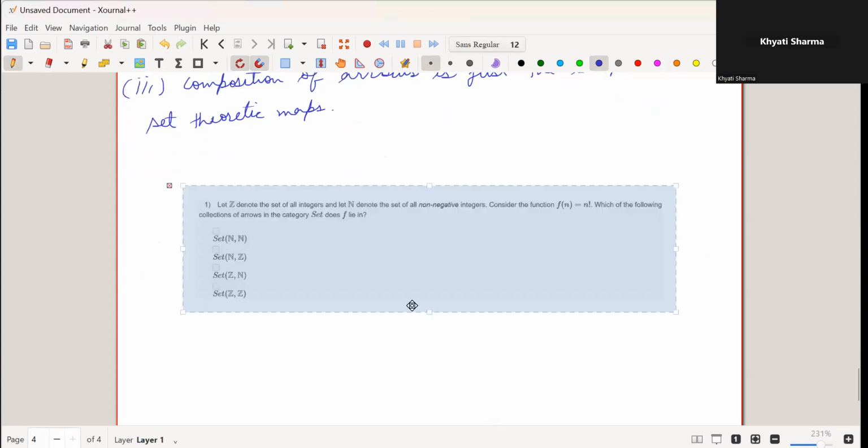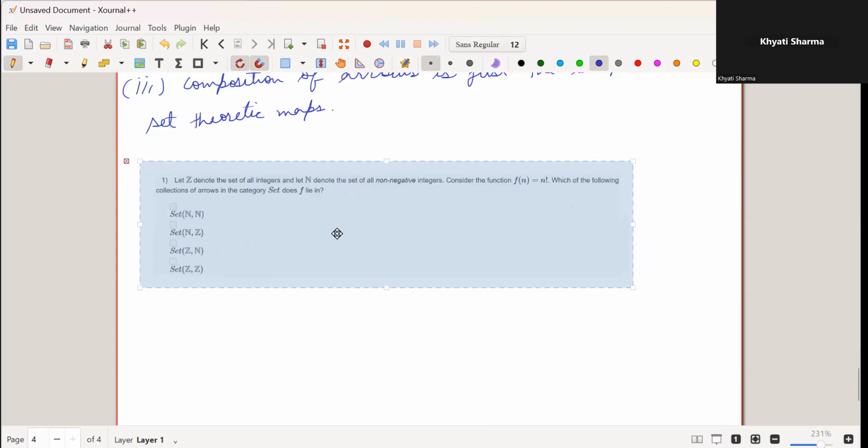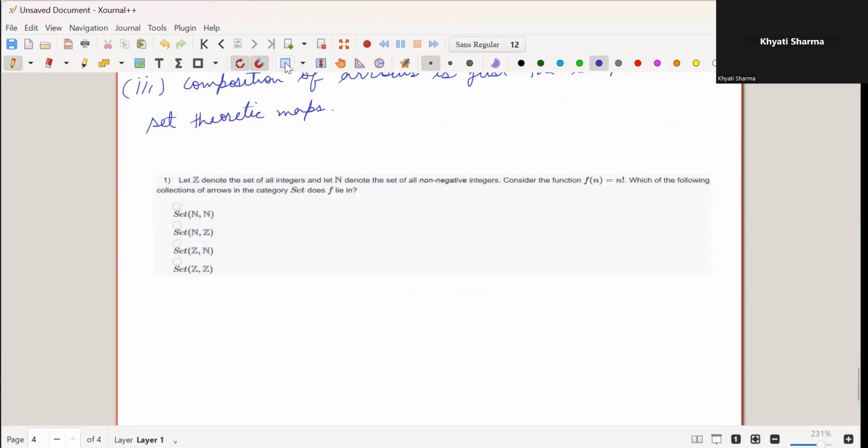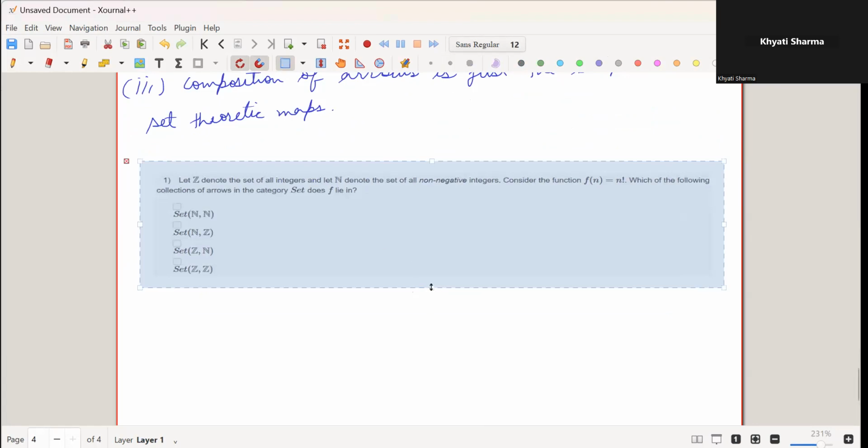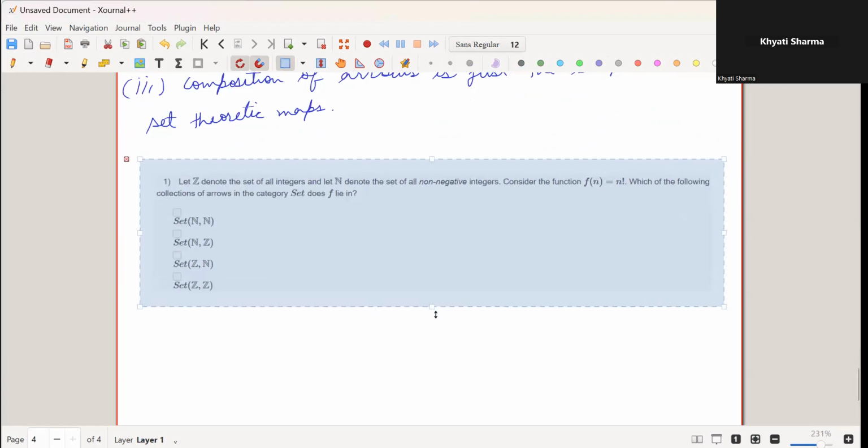Now we are in position. This assignment has comparatively easier questions, I will say. You just need to apply the definition of category theory, and it will give you the solution.